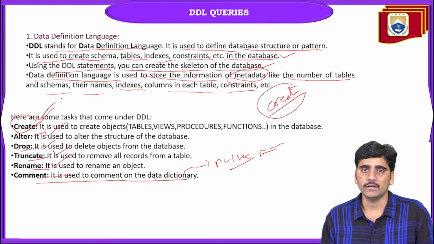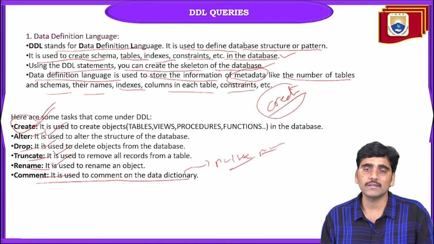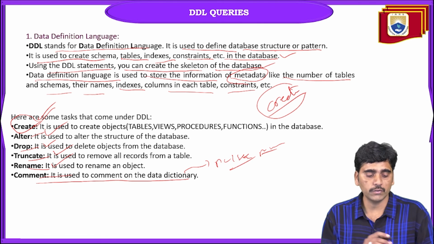The ALTER command is used for altering the data or structure of the table. If you want to rename a column, delete the entire column, add column names, or delete the entire records of that column, you can use the ALTER command.